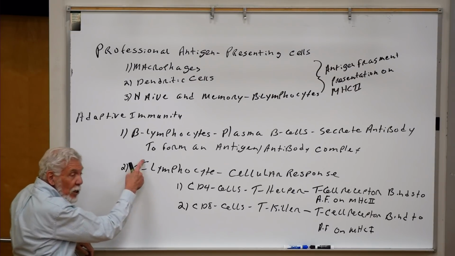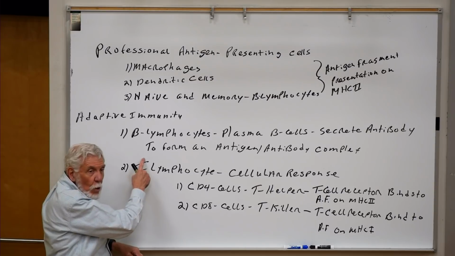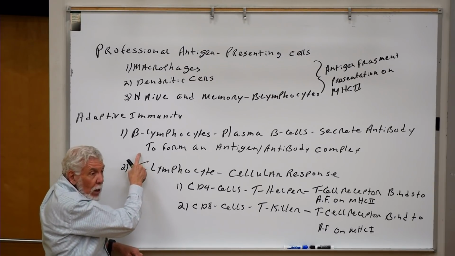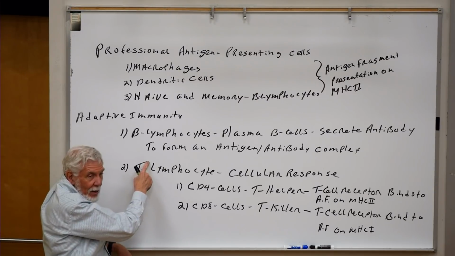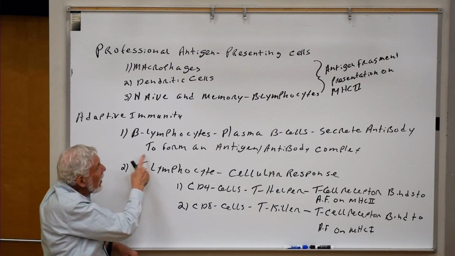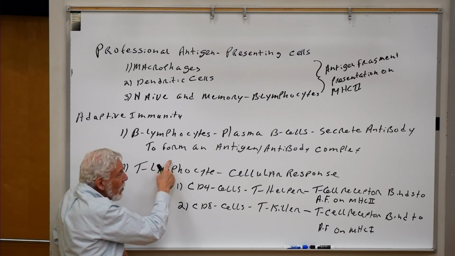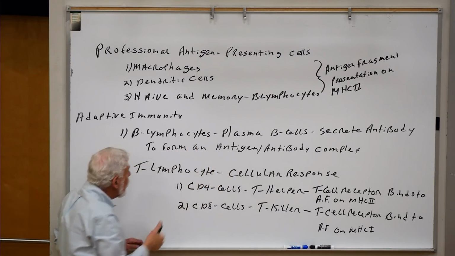They're secreted into the so-called humors. Now, this is an old term from the Middle Ages, and the humors were blood and phlegm and bile, and they're just fluids. And so these B lymphocytes are secreting antibodies into the fluid, so it's into the humors.